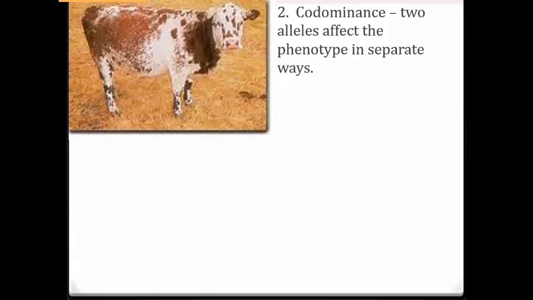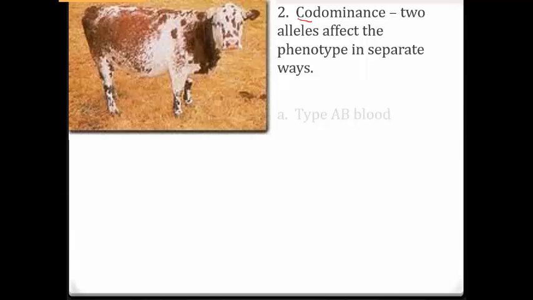We have some cattle that are completely white, we have some that are completely red, but for this one to have the red showing up and the white showing up at the same time, this is codominant. So co means together, they're both influencing. This is not red dominant over white. This is not white being dominant over red, but they are each showing up at the same time.